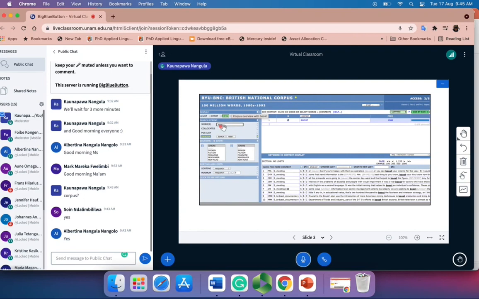So you enter the word boost, you search, and then it will give you options of this word used in context. So you'll see that we have boost in this sentence, and then they can see how this word is used in context. All right. So that's what corpus studies offer the learners. So they get to see how this word is used in context. That's just to simplify that in simple terms.